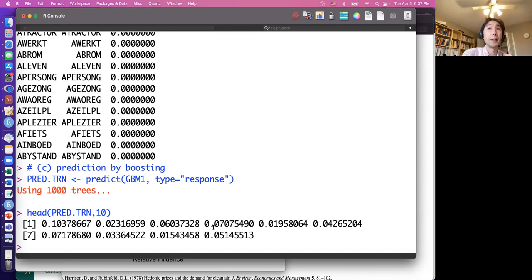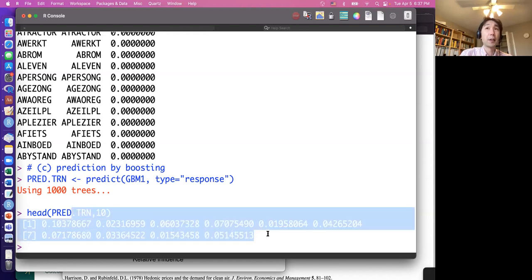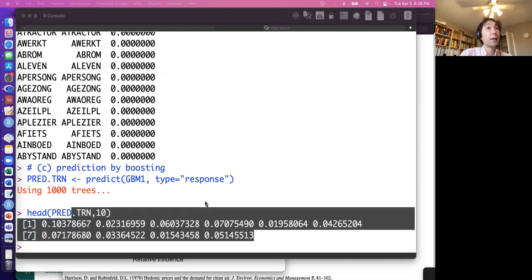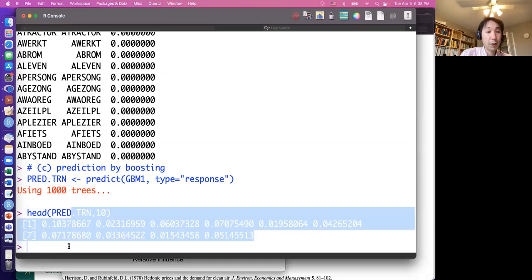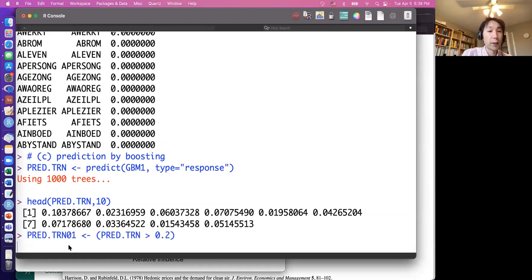Then we fit the model again and again. And these are the calculated probabilities for each observation. Now we calculate whether each observation has more than 20% probability to purchase the product.